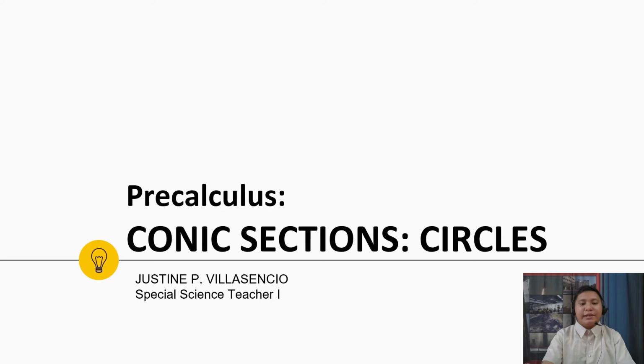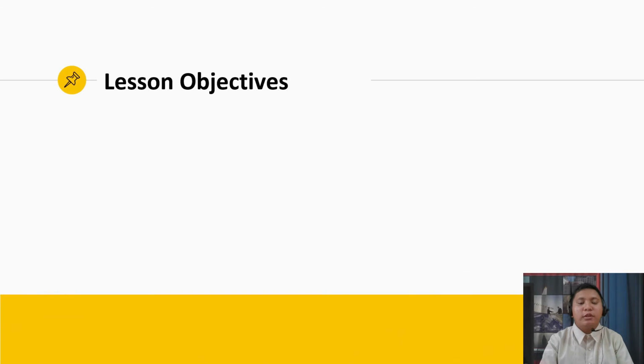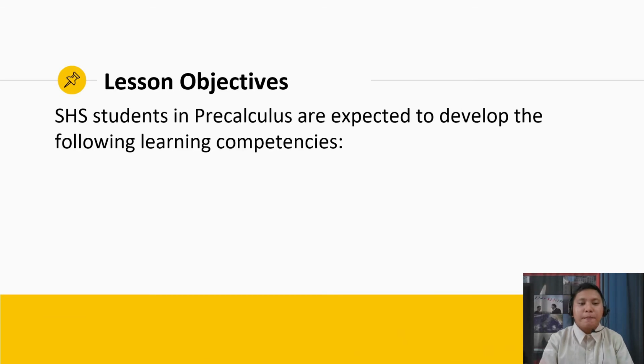So this topic is under pre-calculus, conic sections, particularly the circles. This will be our lesson objectives. A. Senior high school students in pre-calculus are expected to develop the following learning competencies.